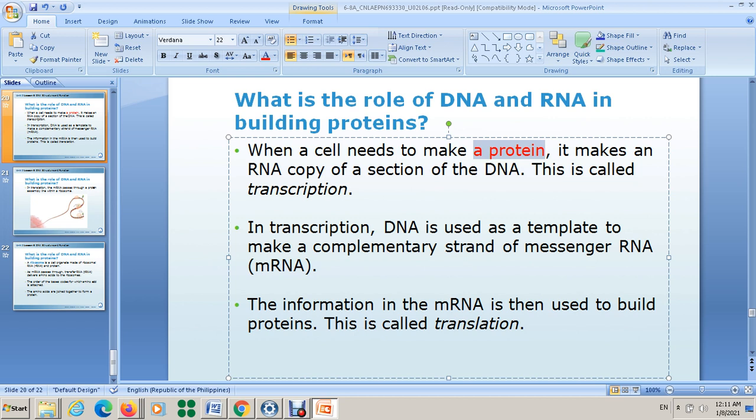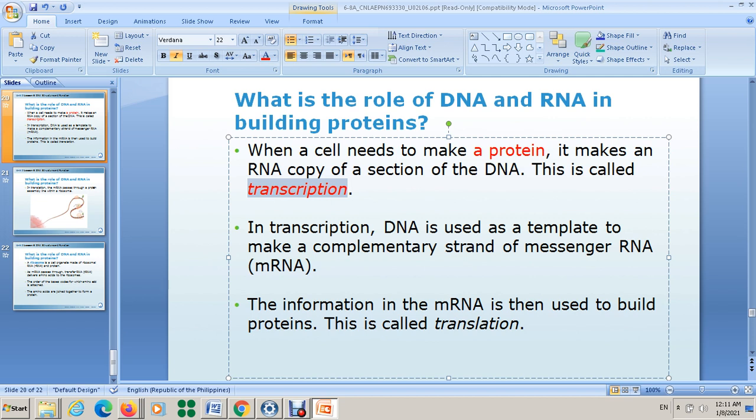This is called transcription, the first process in making a protein. We said there are three types of RNA: messenger RNA first, second ribosomal RNA, and the third, transfer RNA.